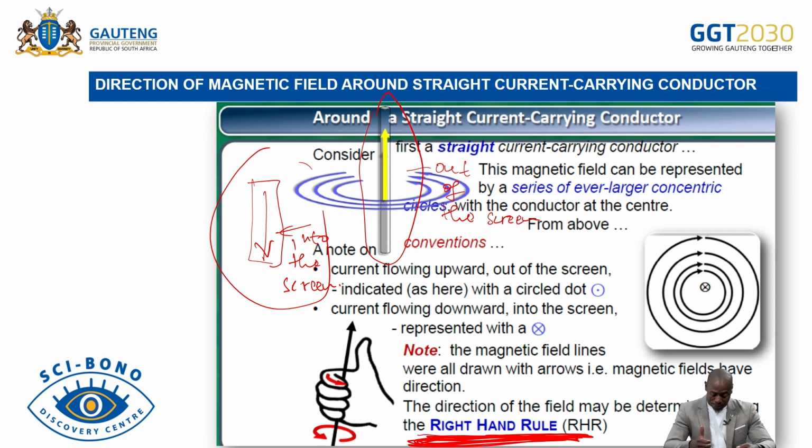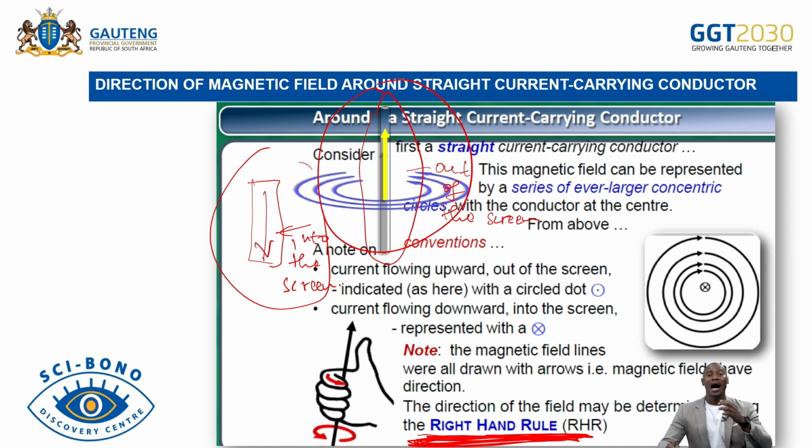For example, for this one, the current is out of the page, out of the screen. So look at the curled fingers. Are they pointing clockwise or anti-clockwise? In this case, it's anti-clockwise, as you can see on the screen.